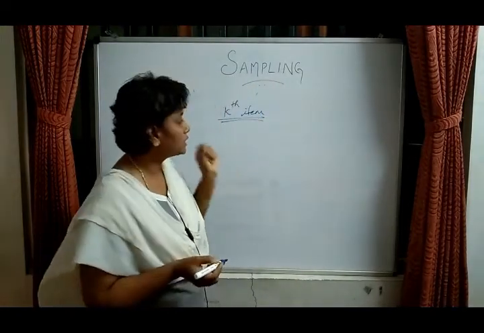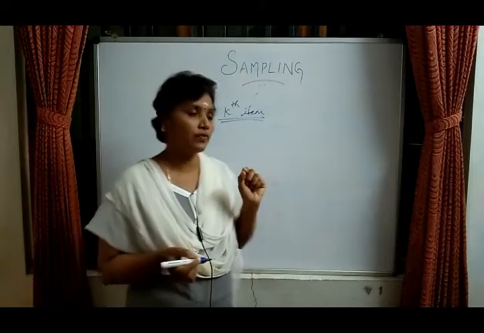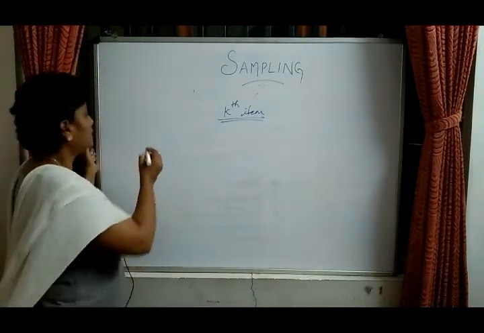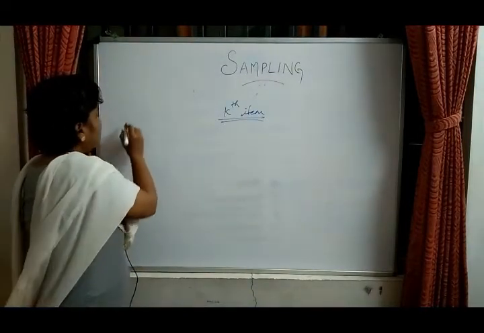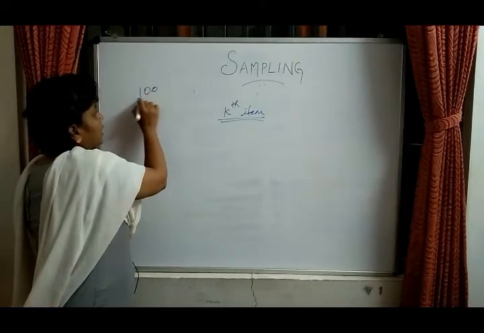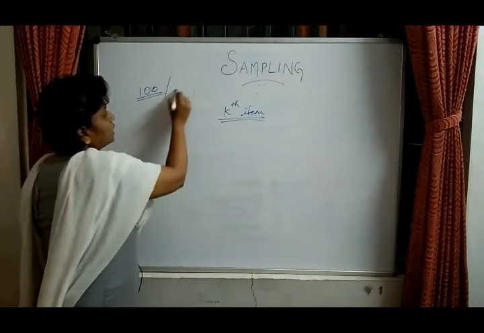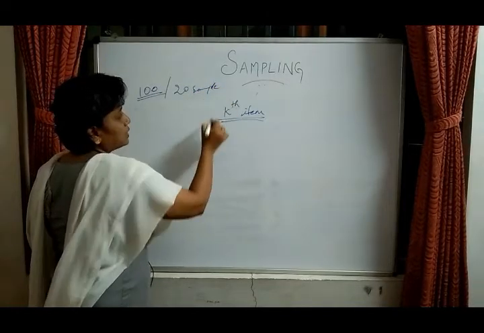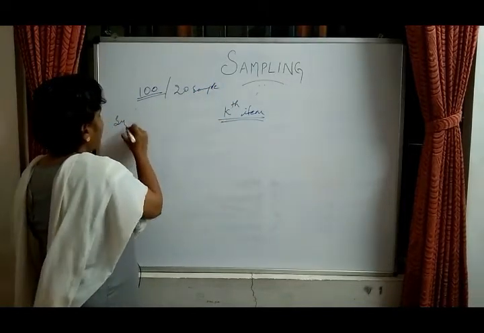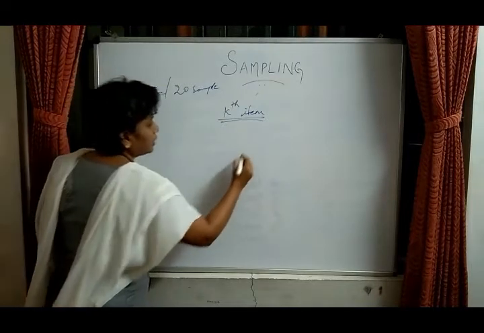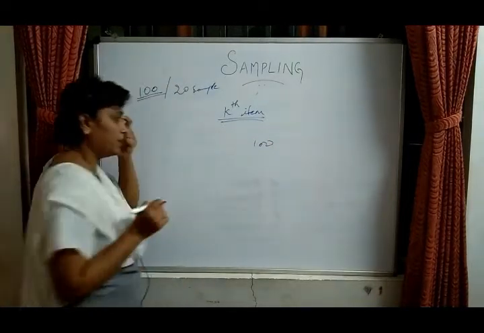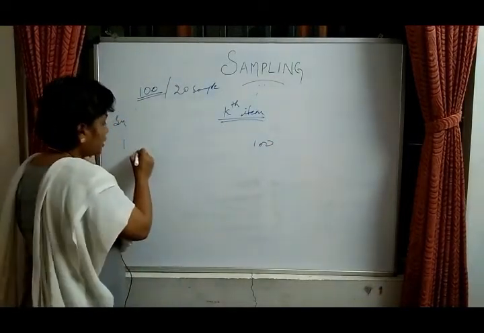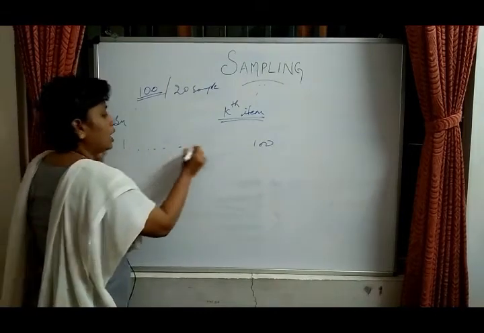So to determine the interval, for example, if we want to select 20 samples from the 100 people, we are using the systematic sampling. Systematic sampling: we will be listing down the numbers 1 to 100.